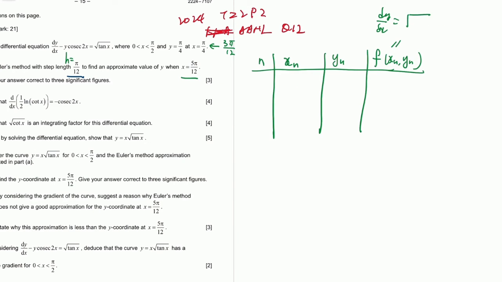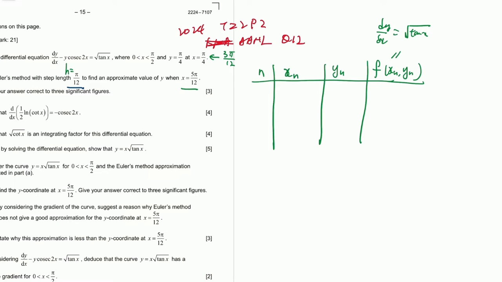So for this question, f would be root tangent plus y cosecant 2x. Make sure you calculate this in radians, otherwise everything will be all wrong. So the original xn is pi over 4, yn is also pi over 4, and h is pi over 12, I didn't write that.